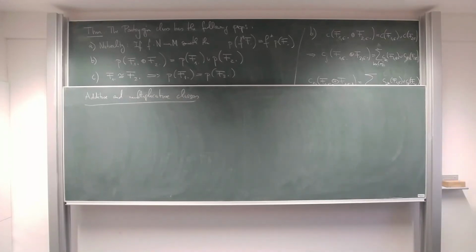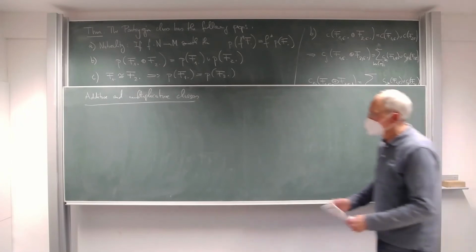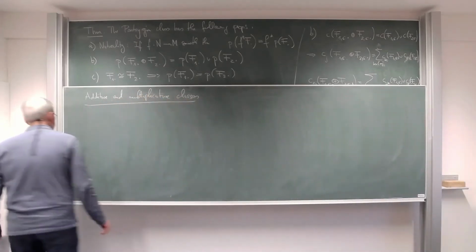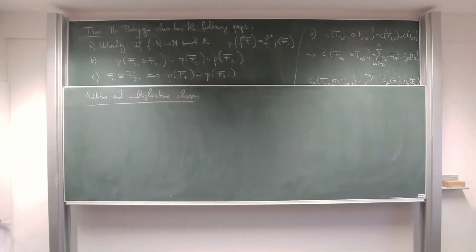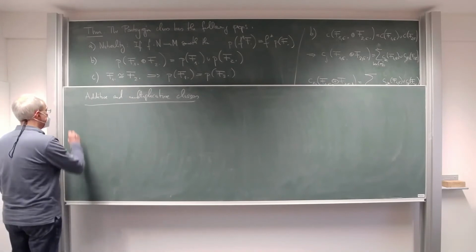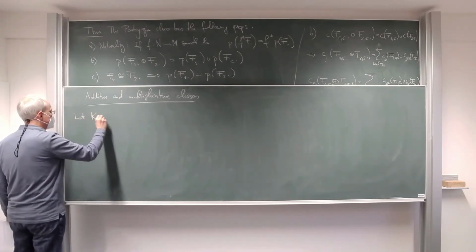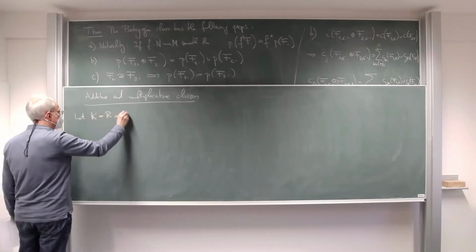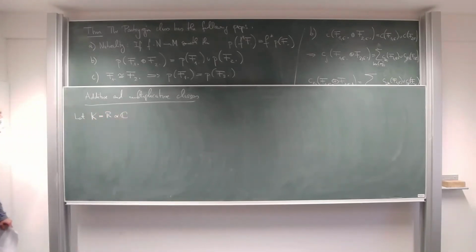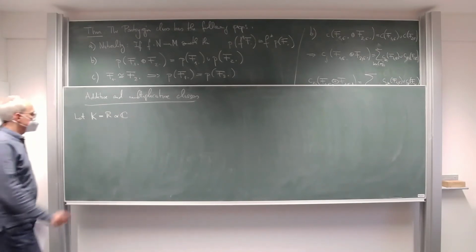Okay. I'm going to start with additive classes. And I'm going to do this in a rather algebraic way to start with. So let K again be the reals or complex numbers.